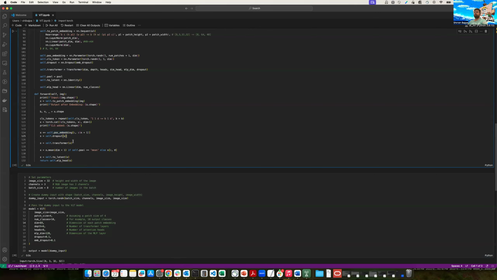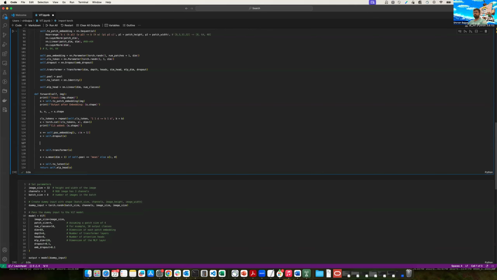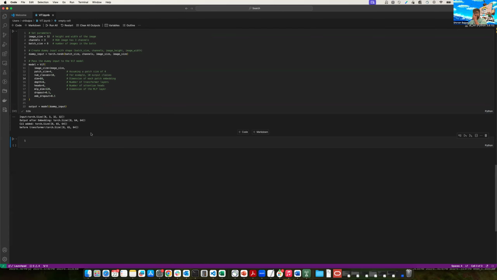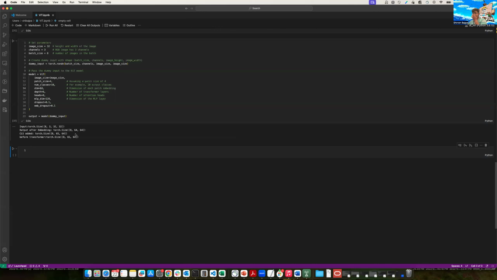Then there is dropout. Now before the transformer, let's print it. So this is our size, right? So now what all things have we done?